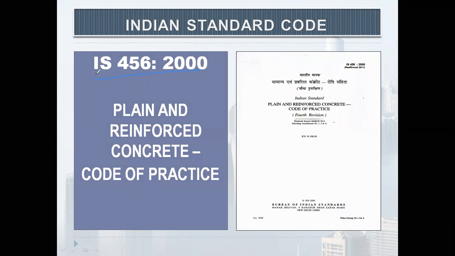Now, IS 456 means the code is a concrete code, and 2000 is the year of printing, that this code was written, or printed, or applied, in the year 2000, right? So we'll be using this code. I'll suggest you all to please download this code from Google.